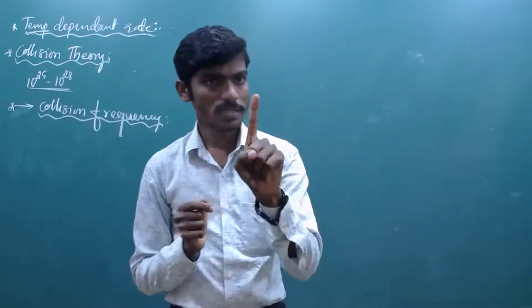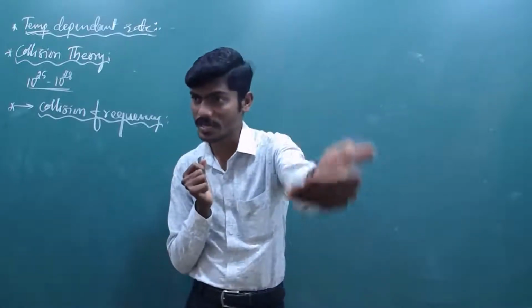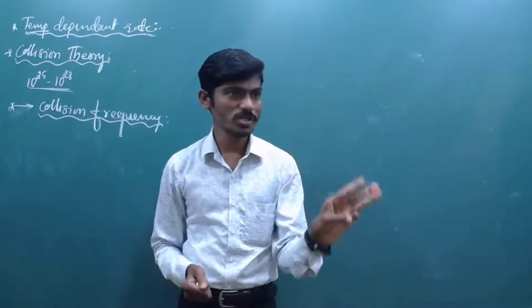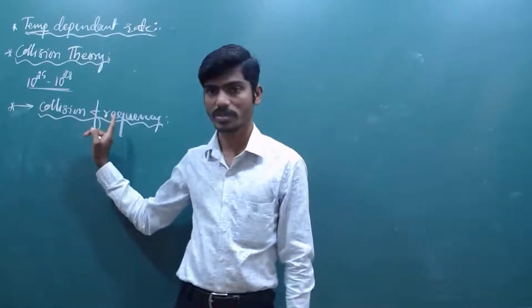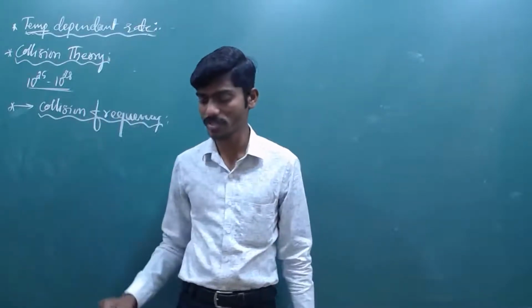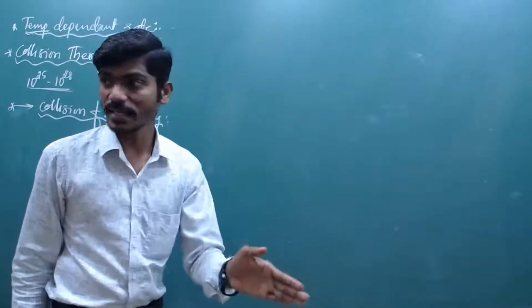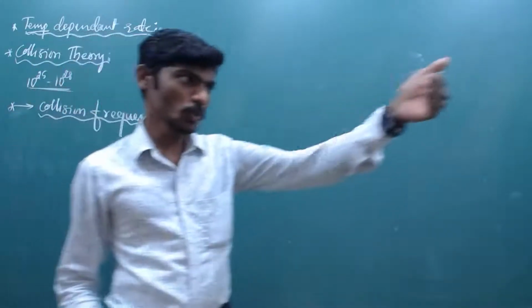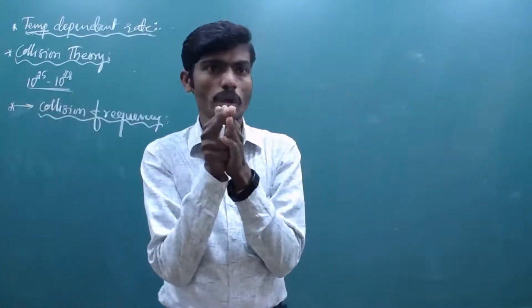In one second, per unit volume, how many collisions take place? That is called collision frequency. The simple definition is: the number of collisions per second per unit volume is called collision frequency. Now, in order to produce a product, the reacting molecules must collide with each other.